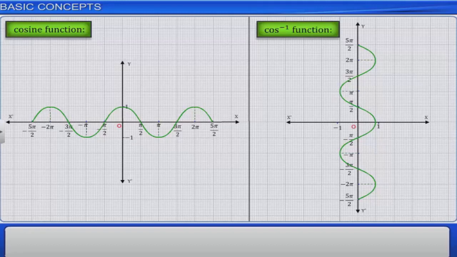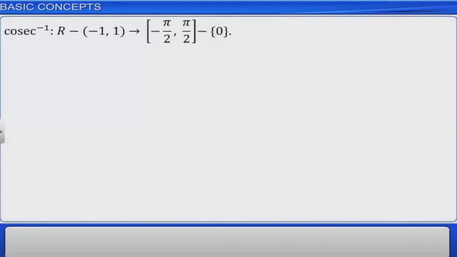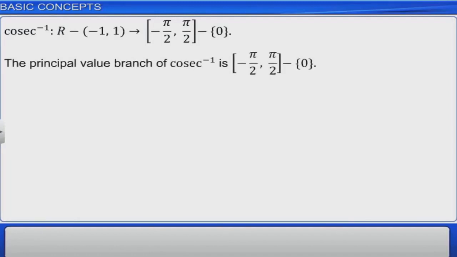Similarly, working on the same lines, the other four inverse trigonometric functions can be defined. The domain and range of the inverse cosecant function is shown here. The principal value branch of cosecant inverse is closed interval -pi upon 2, pi upon 2, excluding 0.